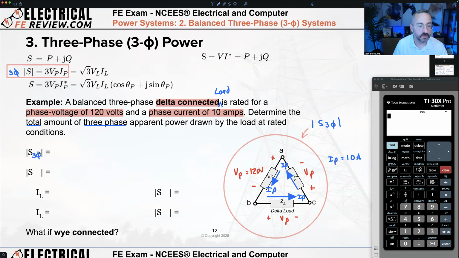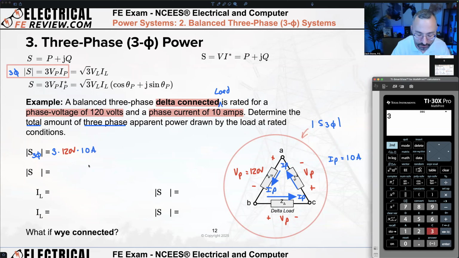The total three-phase apparent power equals three times our phase voltage across each phase, 120 volts, times phase current in each phase, 10 amps.